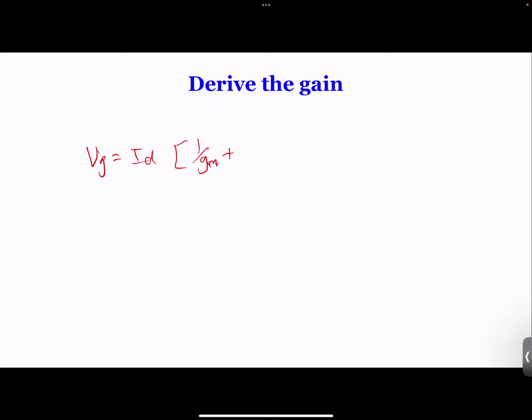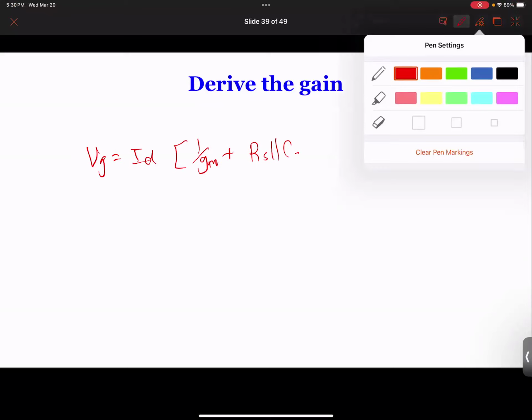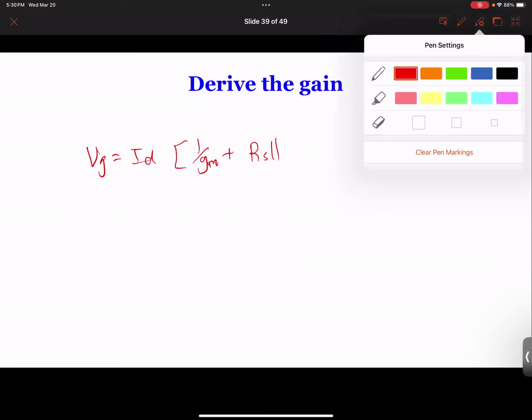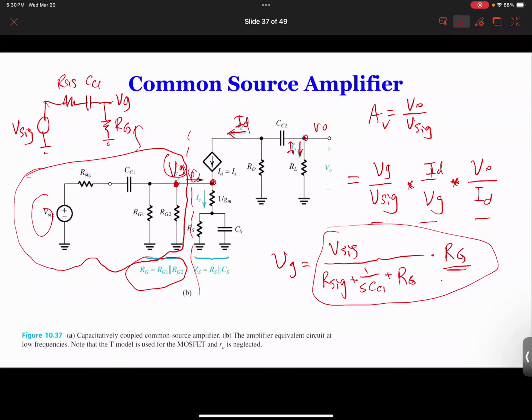plus this RS in parallel with 1 over SCS. So that's what you have. That's the equation over here. So now, which means we can write down ID, because what we wanted to get is ID over VG, right?